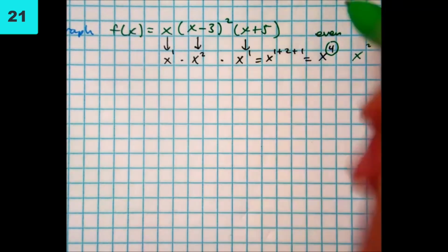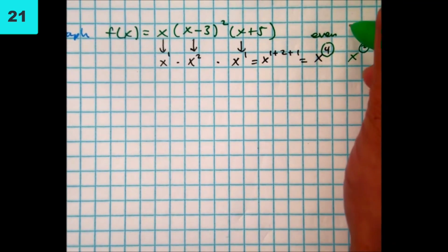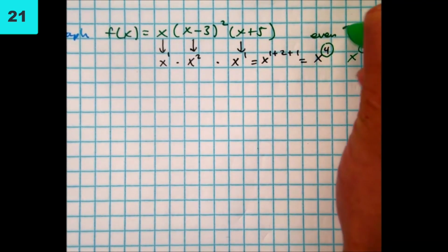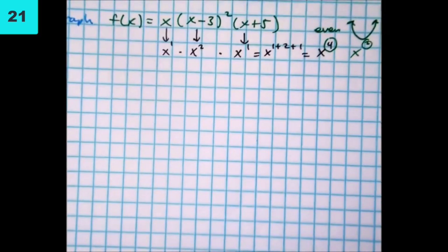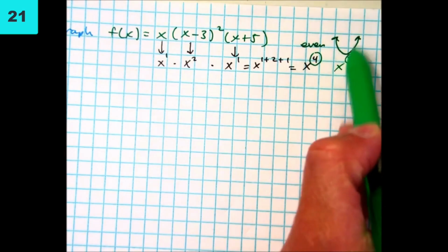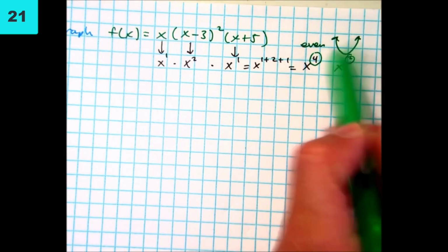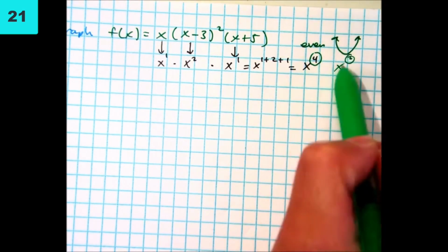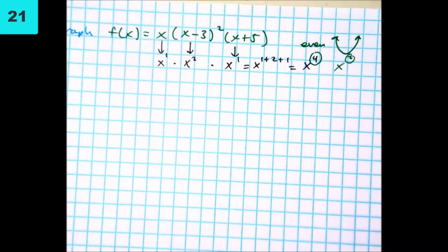So think back to the easiest one you have, and notice if you draw yourself a quick graph, the basic graph says this: opens up, starts up, ends up. Okay, so this is my basic graph. It's going to mirror an x squared. The next thing I'm going to do is multiplicity.